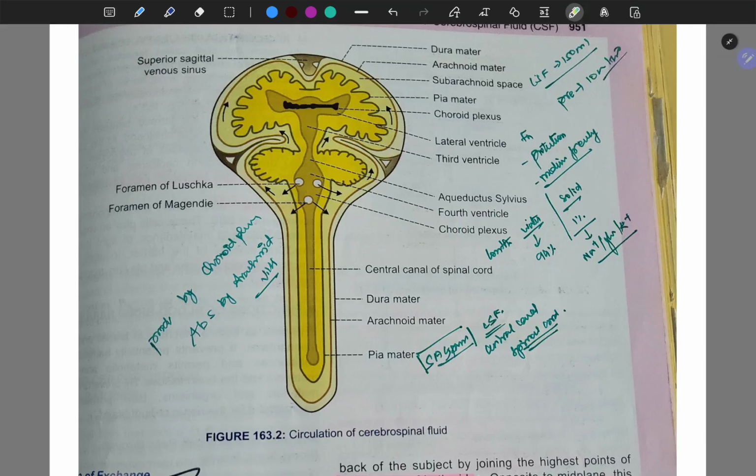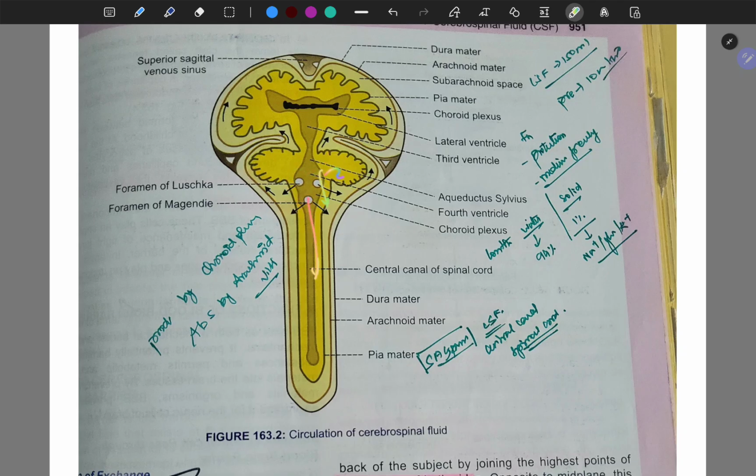They will also ask you about the circulation of CSF. A very important point: from the lateral ventricle, the choroid plexus produces the CSF, which reaches the 3rd ventricle, and from there via the interventricular foramen of Monro. From the 3rd ventricle, via the aqueduct of Sylvius, it reaches the 4th ventricle, where you will be having the foramen of Magendie in the midline and the foramen of Luschka laterally.